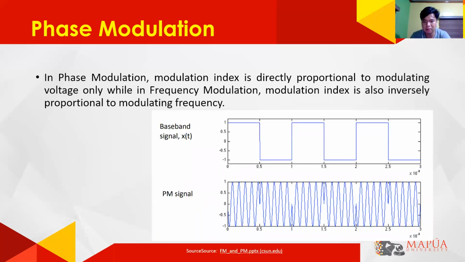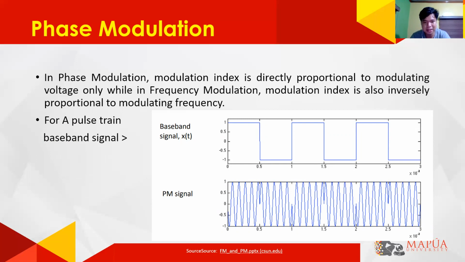This is a better representation of phase modulation, where we can see the phase shift in the carrier modulated signal. This is a pulse train baseband signal, a digital one, not an analog. This is digital modulation, but it will help us see what happens in phase modulation.